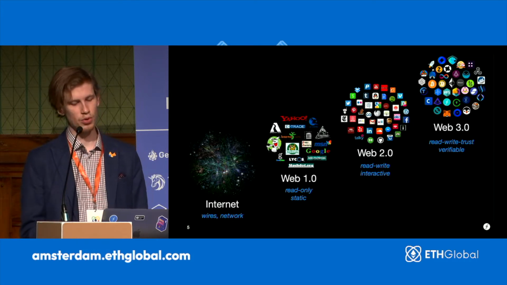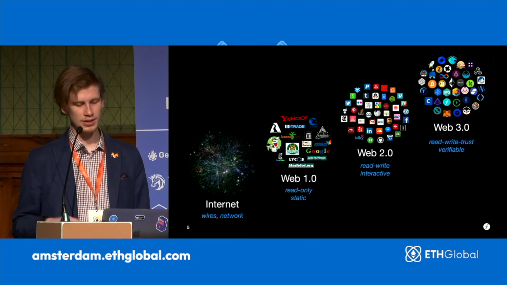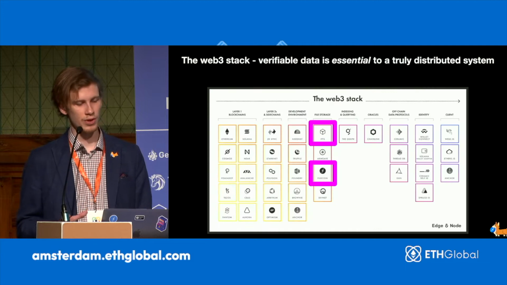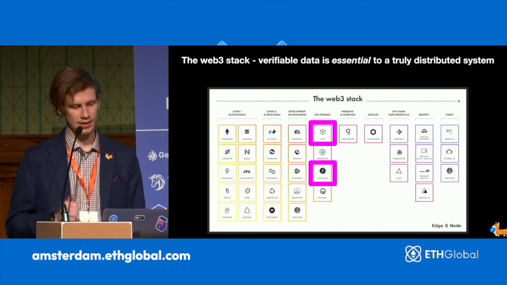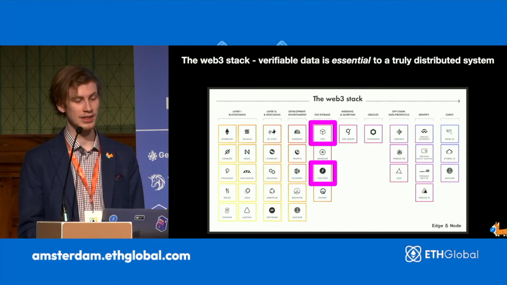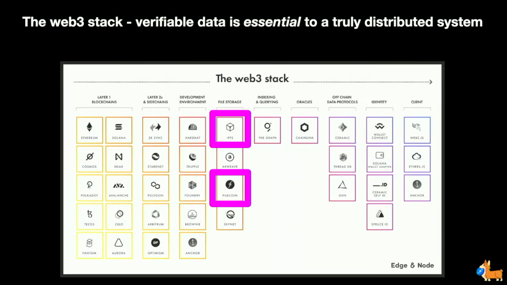It's also supported by a bunch of underlying primitives and technology that builds up to verifiability directly in Web3. Moreover, for the Web3 stack, verifiable data is essential for a truly distributed system. This image is already quite outdated, because Web3 is exploding and there are more and more projects appearing each and every second.